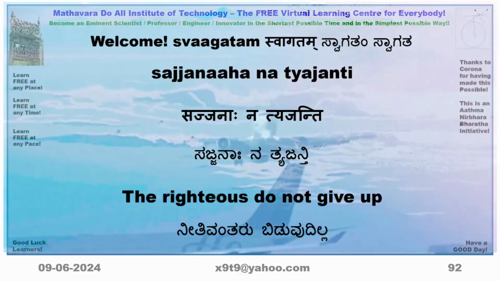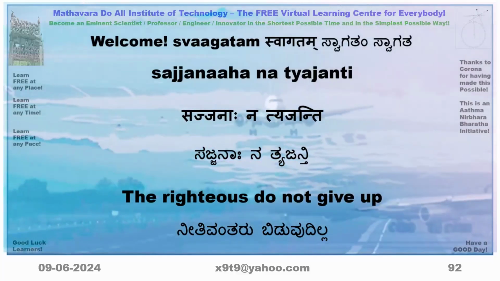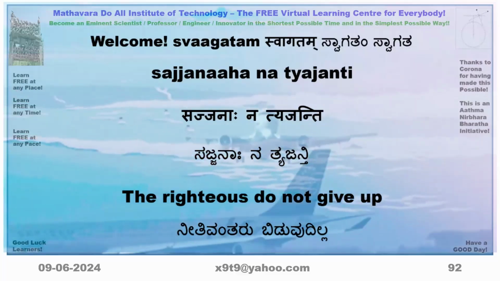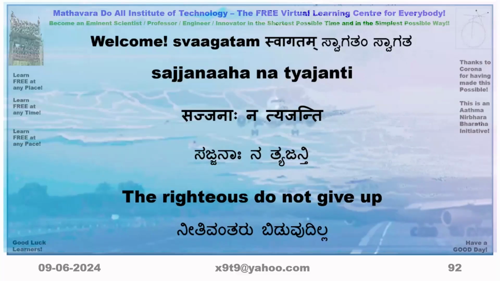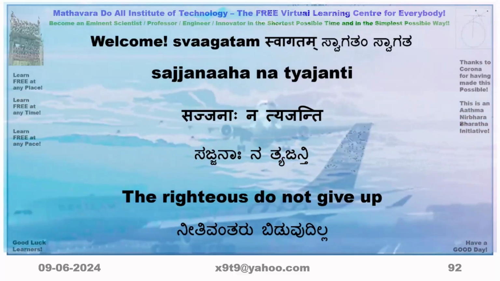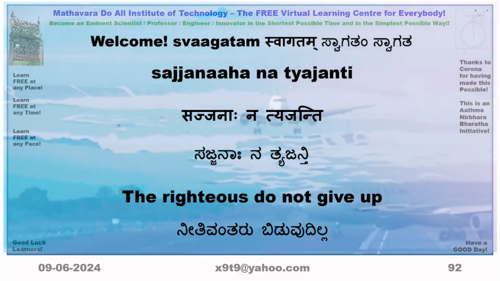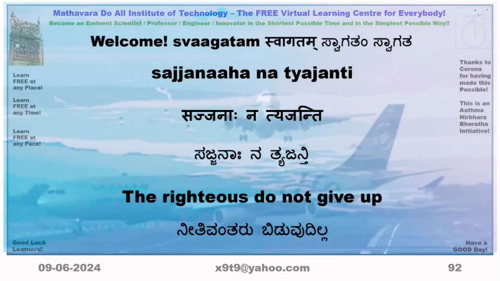And here, one important thing. For example, if I want to ask, what is your name? I may say something like Bhavatyaha Nama Kim. Now, what will be your answer?